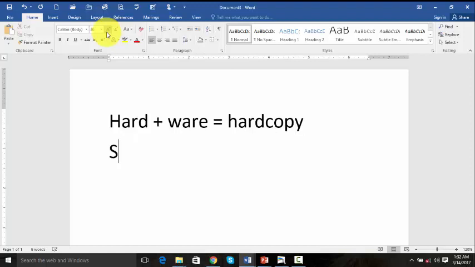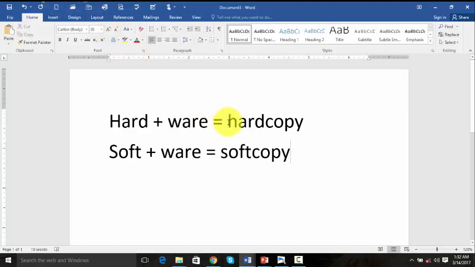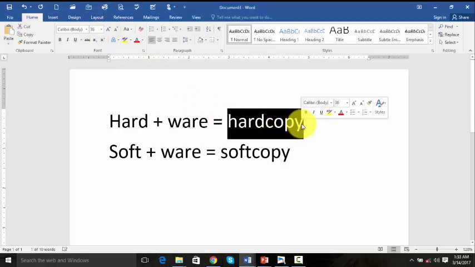Then we also have the father who is soft, then he marries the wife who is ware, and they are going to have the child called soft copy. Hard copy means a paper which has passed through the printer, the paper we are able to see and touch. That is a hard copy.